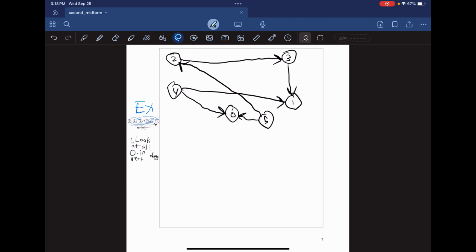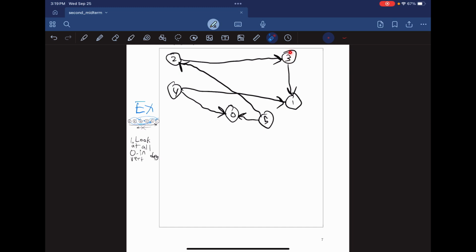So in this particular graph, we want to look at the in degrees of each of the vertices. Looking at 4, we see that we have 2 edges going out, no edges going in, so the in degree of 4 is 0. Looking at 2, we have an edge going in and an edge going out, so the in degree is 1.